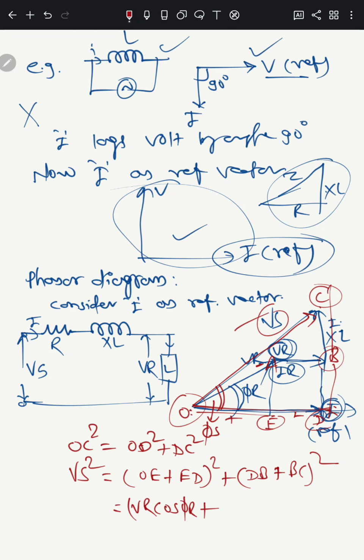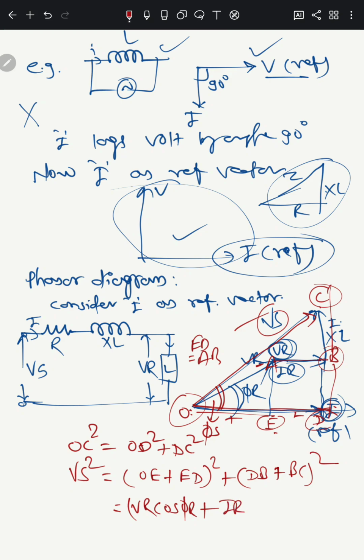ED is IR. Considering this length, ED is equal to AB. So ED and AB lengths are same. That is why ED will be AB and the length of AB is IR.